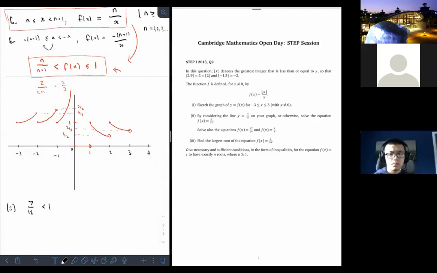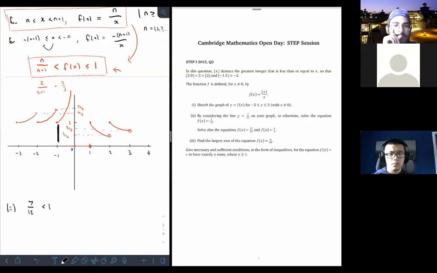That can be our first observation. And thus on our graph, the line y equal to 7 over 12 will be in this range, and thus we're never going to intersect the range for negative x. So f of x for negative x will never be equal to 7 over 12.